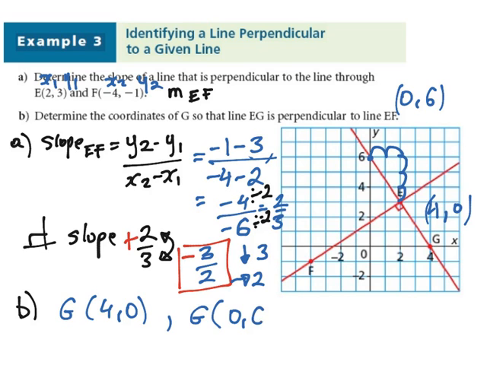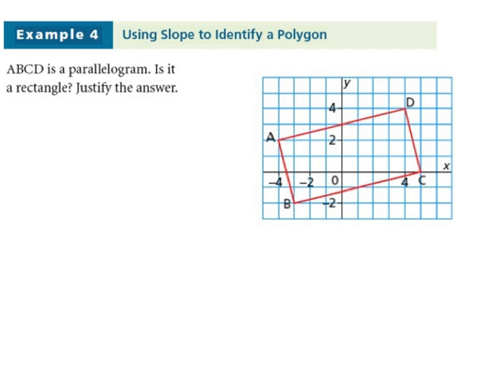And that's your example 3. Let's take a look at our last example. ABCD is a parallelogram. Is it a rectangle? Justify the answer. Now the idea of a parallelogram is that the opposite sides are parallel. That means those slopes are equivalent. So slope AB and DC are equivalent, as well as slope AD is equivalent to slope BC.